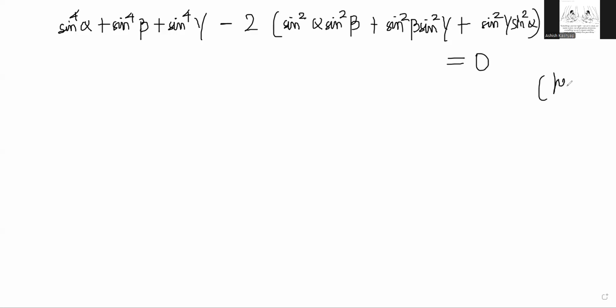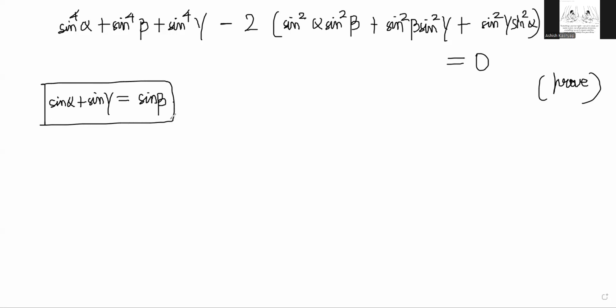We need to prove this, and we know sine alpha plus sine gamma is sine beta. Now how should I do this? We should probably try squaring and all, but let's notice something. Maybe there is some nice thing.